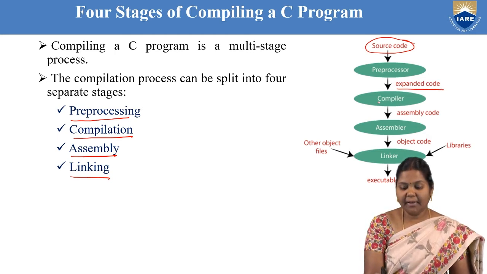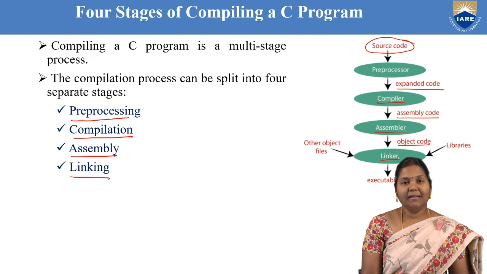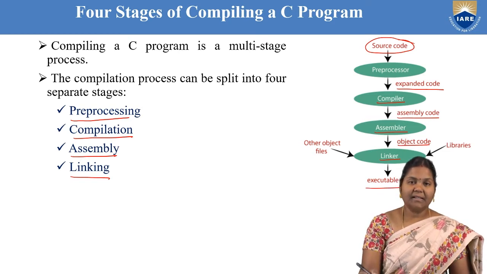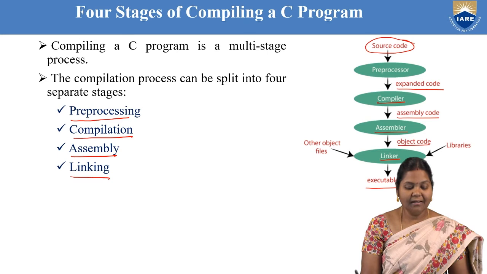Then it is compiled by the C compiler, which will produce the assembly code, and then the assembler will produce the object code. The object code is then finally linked with the system libraries and other object files, and it will produce the executable code. So, these are the important steps in compilation and running of a C program.